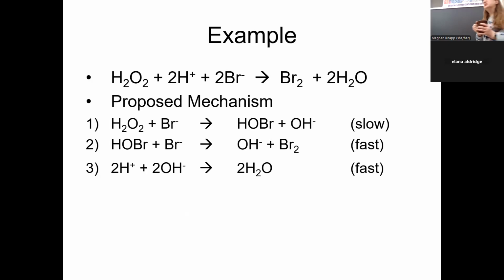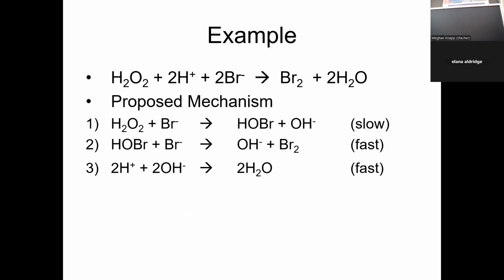This one's a little bit tricky because we have a 2 hydroxide here, but on the other side, there's only 1 here, but it's in 2 different steps. So being in 2 different steps, they do end up canceling out overall. So hydroxide is 1, and there's another one, HOBr, and that is our hypobromous acid. Think about how to say that.